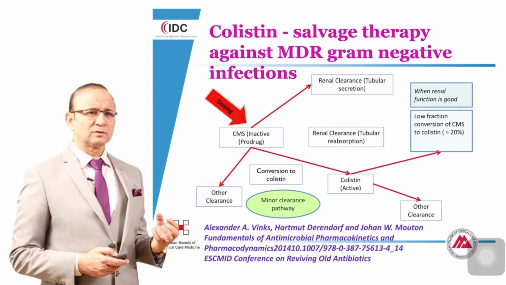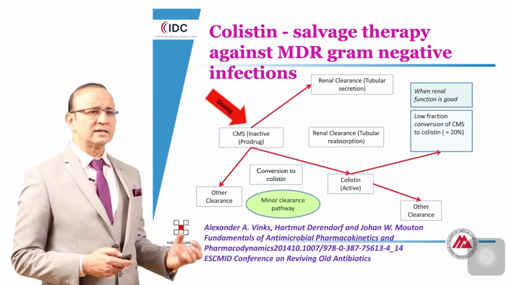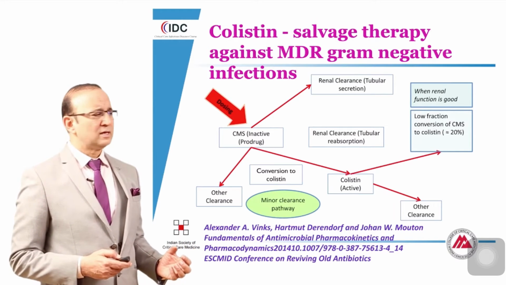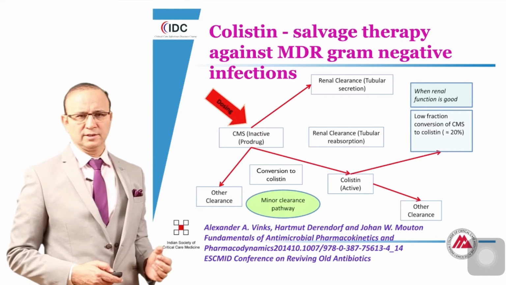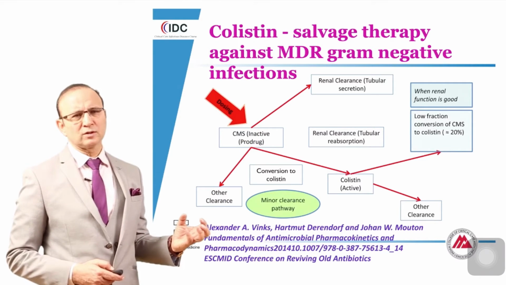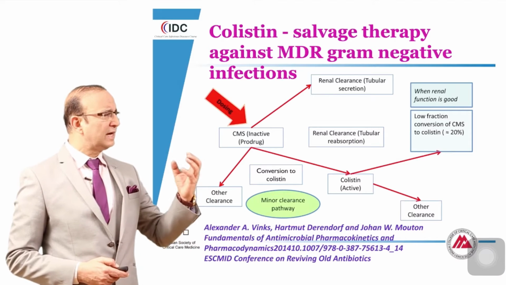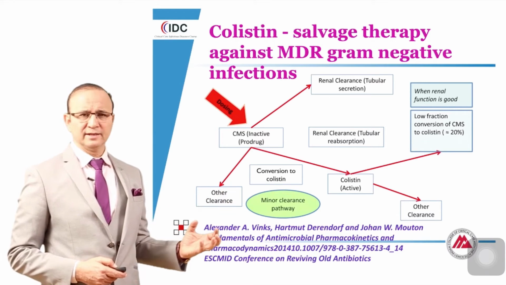Now, I think we need to know a little bit about the pharmacokinetics and pharmacodynamics of this drug. When you give colistin, it is given as colistin methanesulfonate. The active drug, it has to be converted into colistin. Most of the colistin methanesulfonate is excreted by the kidney.